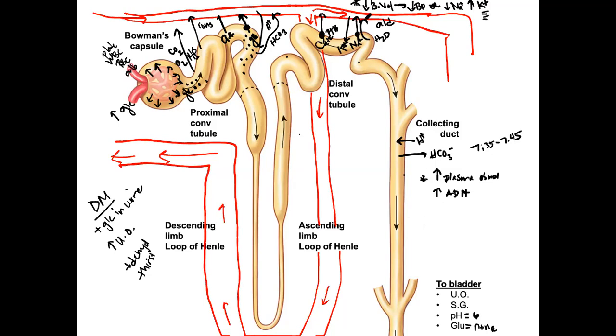Okay, so in the early stages of dehydration, your particle concentration is going to go up, or your osmolarity of your plasma is going to go up. And so it's going to trigger antidiuretic hormone release. In the later stages, blood volume is going to drop, blood pressure is going to drop. So if somebody is dehydrated, blood pressure is going to be low, and then heart rate's going to be high to compensate for that.